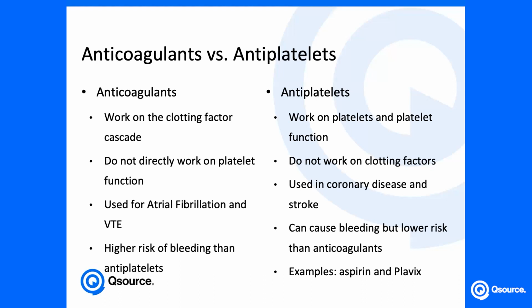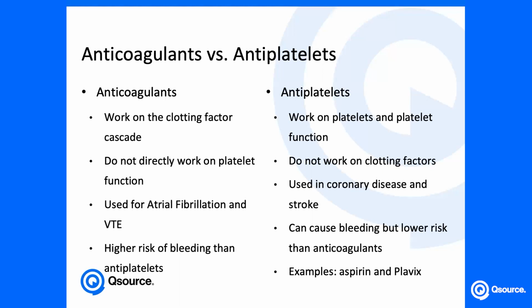Antiplatelets, on the other hand, are primarily focused on platelets and platelet function. Now, the clotting factor cascade and platelets do have some interaction in the formation of a clot, but these are two separate kind of mechanisms, ways that these medications work. Antiplatelets are often used in coronary disease, atherosclerosis, post-heart attack, and then in patients that have had a stroke.